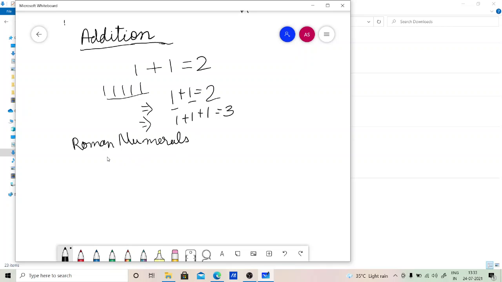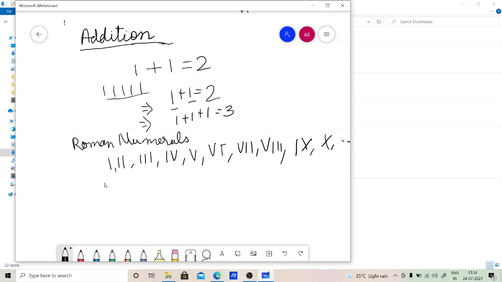So you find there 1, 2, 3, 4, 5, 6, 7, 8, and 9, then 10, and so forth.